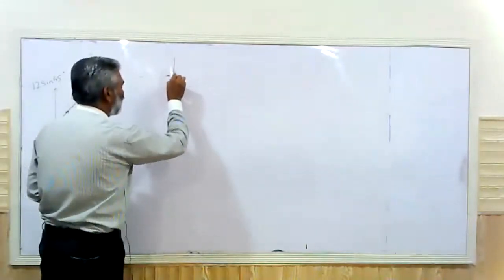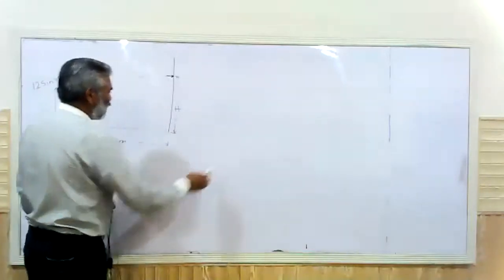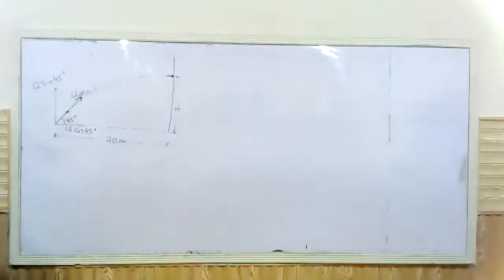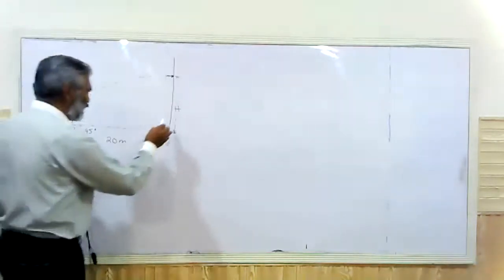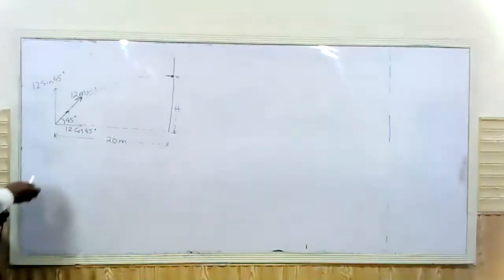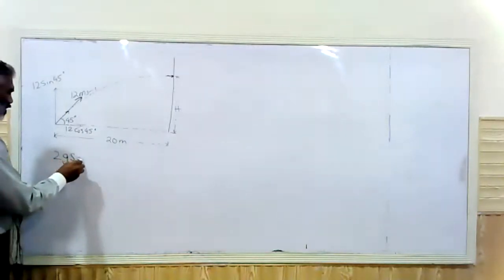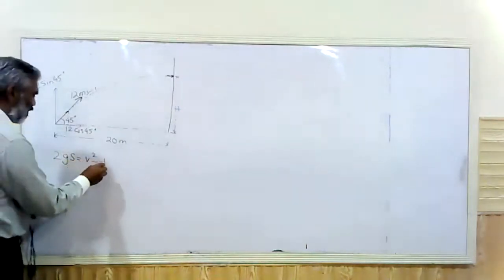Obviously, if there was no wall, it would continue and land on the other side at the same level. So in order to calculate this height, we can use 2gs is equal to v square minus u square.